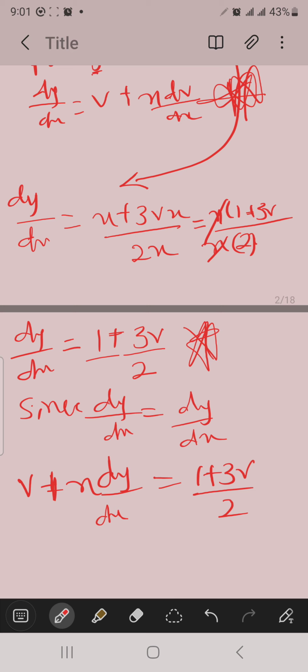I think this makes sense. This one is v plus x dv/dx.